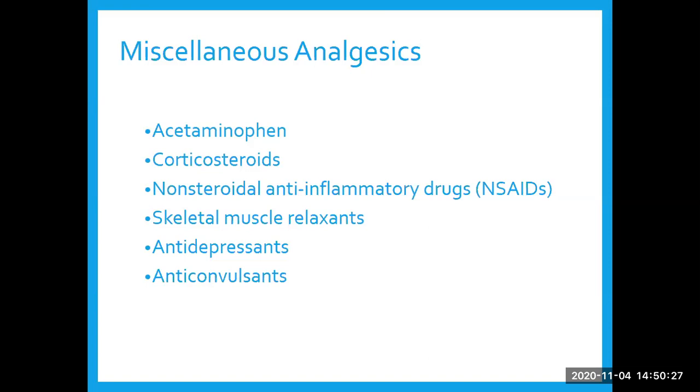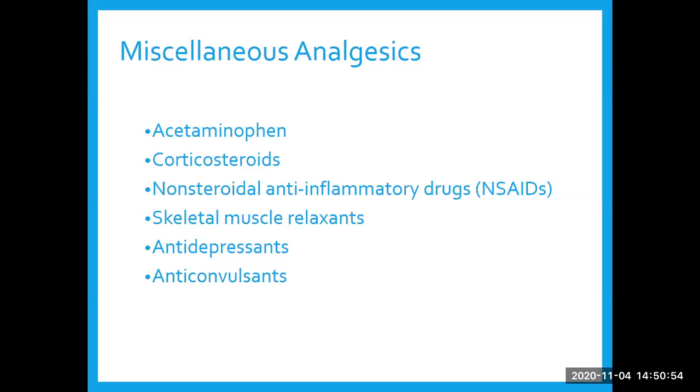For your skeletal muscle relaxants, you have table 11.5. It talks about how skeletal muscle relaxants relieve the pain associated with muscle spasms by slowing contractions and signal transmissions in the motor nerves.